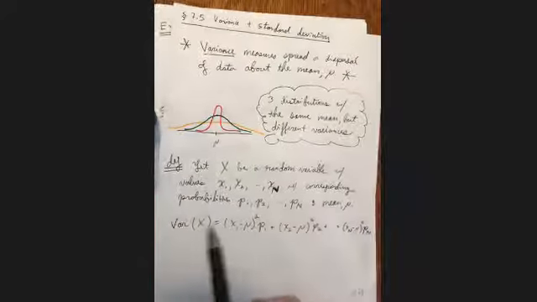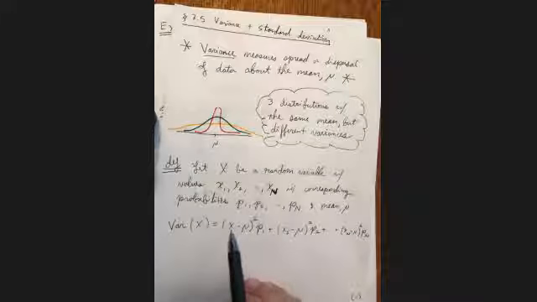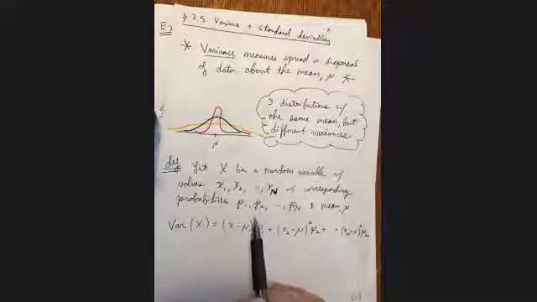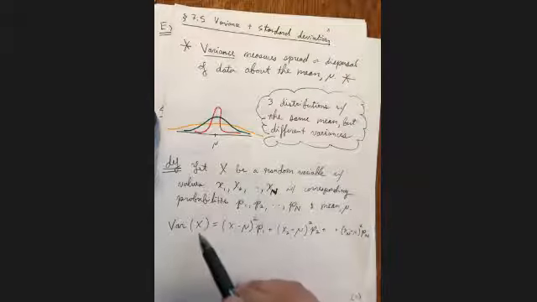Then the variance is calculated by taking the difference between each individual value and its mean, then squaring it, then multiplying by the corresponding probability. We do that for each data point and then add up all those results. And after summing all of them, we get the variance.